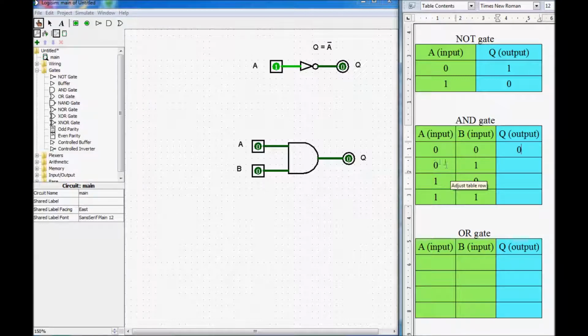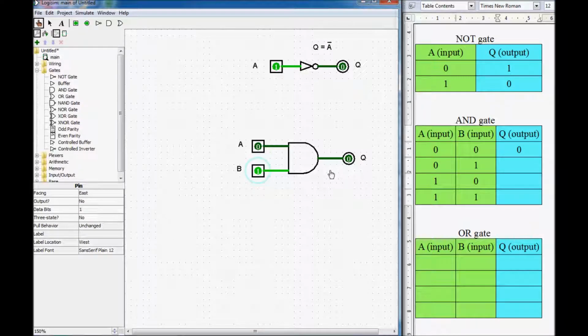If we have logical 0 in the input A, and if we have logical 1 in the input B, then the output is the same as before.